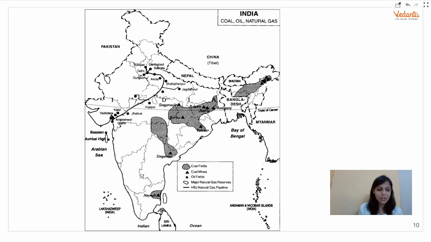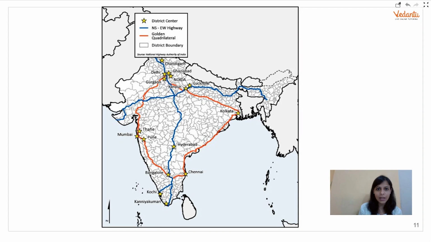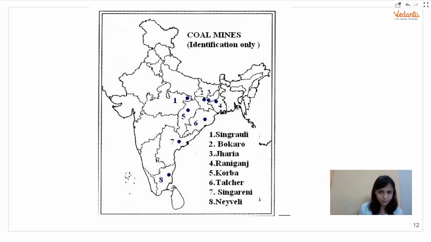Okay, so before I talk about all those coal mines, which eventually I'll talk about, don't worry. Now, I'll talk about the coal mines right here. As you can see, I've tried to identify the most important coal mines that you can expect in this year's exam also.